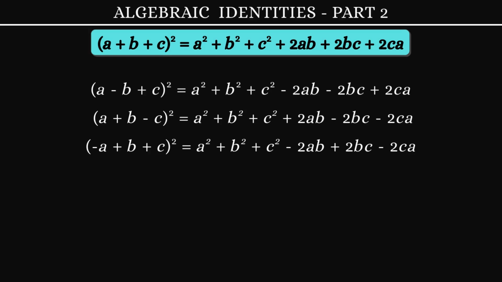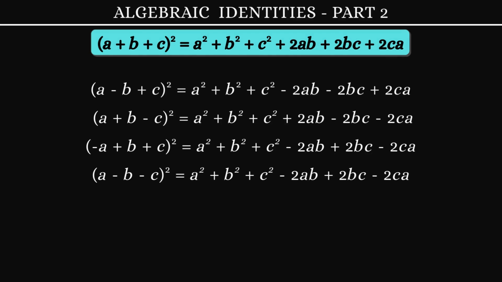Also, let's check what happens when two variables are negative. A minus b minus c the whole squared. Here, b and c are negative. We can see that the square terms are all positive.